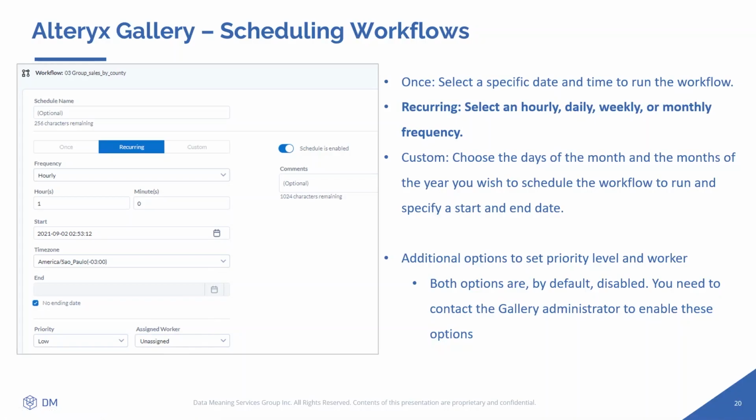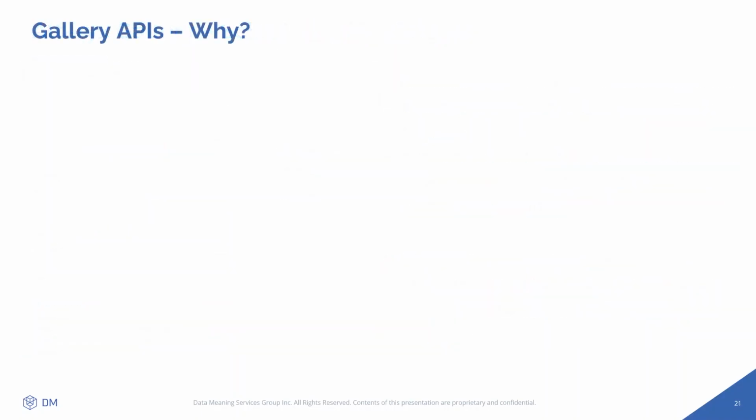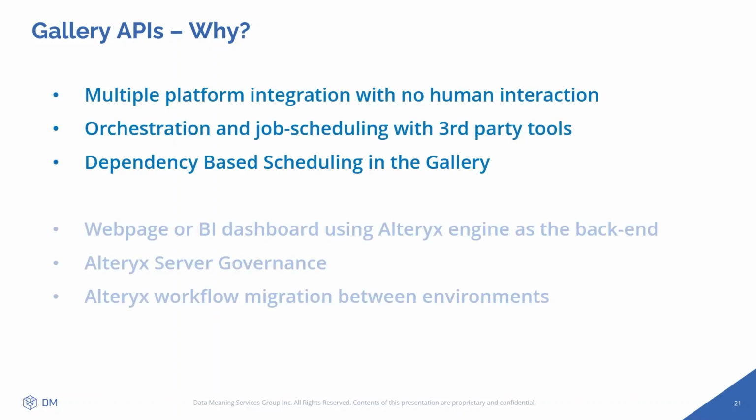The next method to automate your workflow is through APIs. So Alteryx Server provides APIs for different reasons, but one of the main reasons to use APIs is to automate your workflows executions. So why APIs? First, you have this multiple platform integration without human interaction.